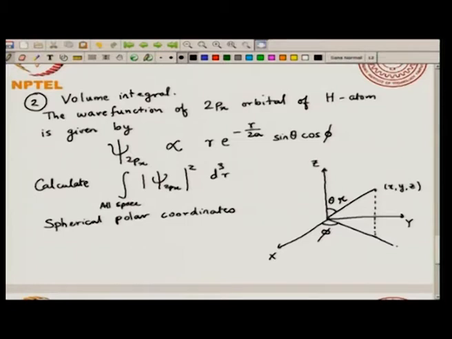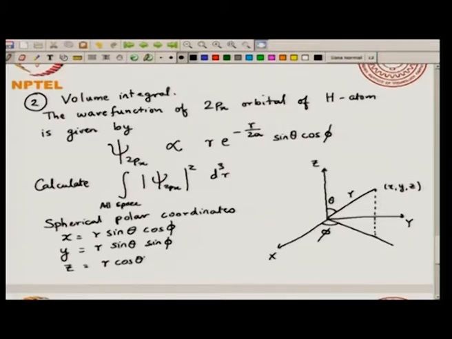These three coordinates define the usual spherical polar coordinates. Now, what are the conversions used? r, theta, phi can be expressed in terms of x, y, z as follows: x is r sin theta cosine of phi, y is r sin theta sine of phi, and z is r cosine theta.